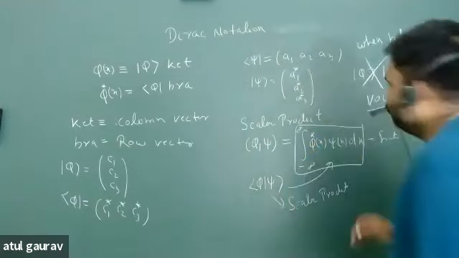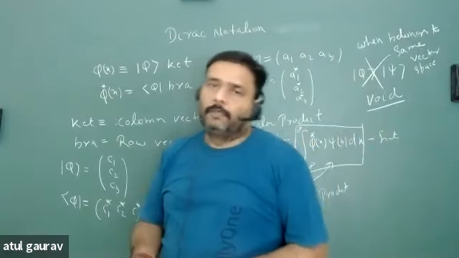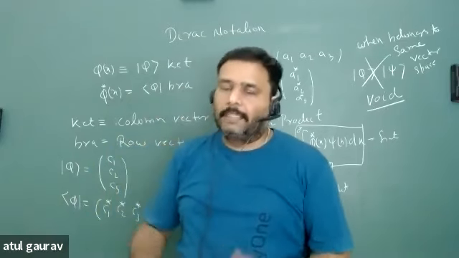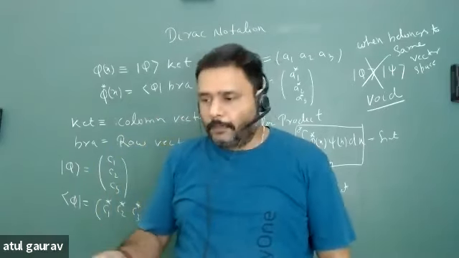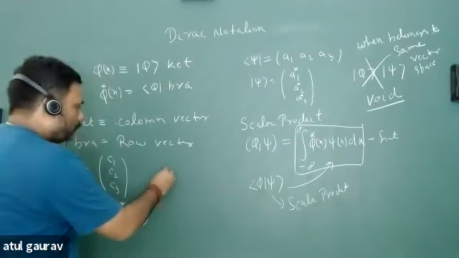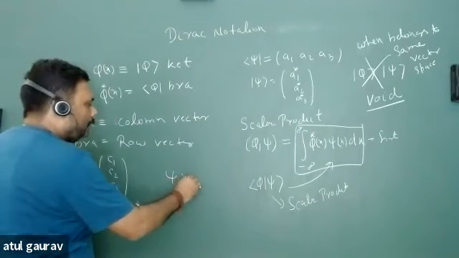But when they belong to different vector spaces, you can have an analogy of this type. Suppose you are doing a partial differential equation. How are you writing it? You are writing psi of x and y.